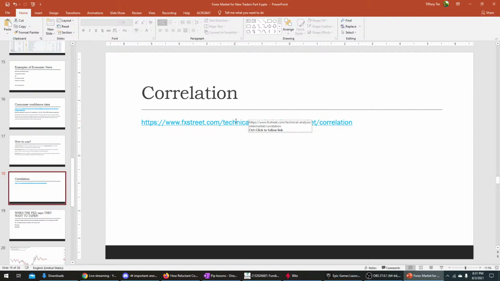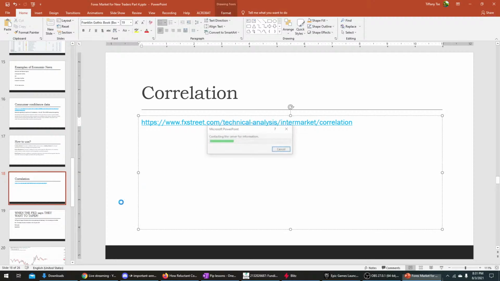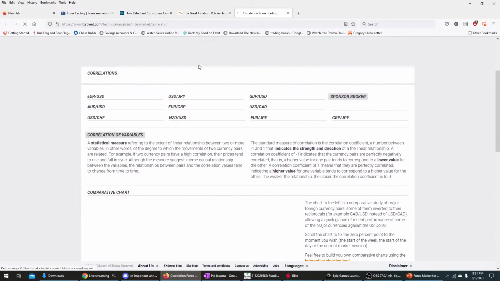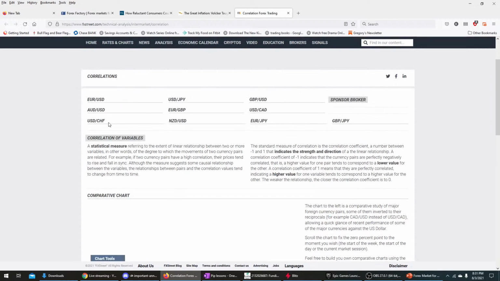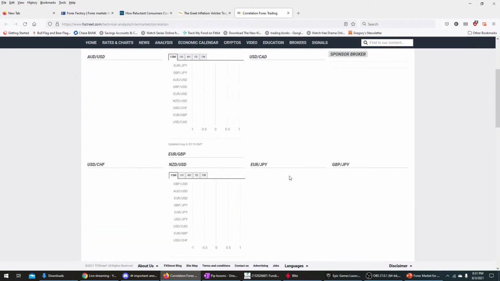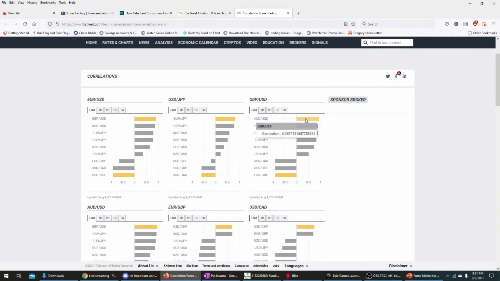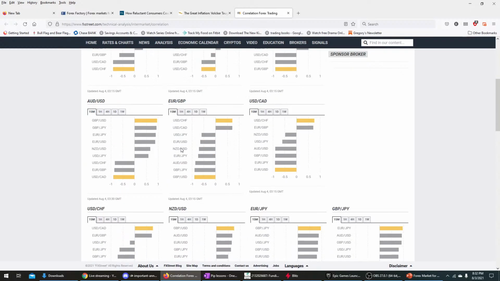Actually, this is kind of important. I found a really good website that tells you the trend and correlations. Compare the charts. This tells you how correlated pairs are. If you're trading the pound dollar, it is more correlated with the euro dollar, so they will move together, than with USD/CAD.